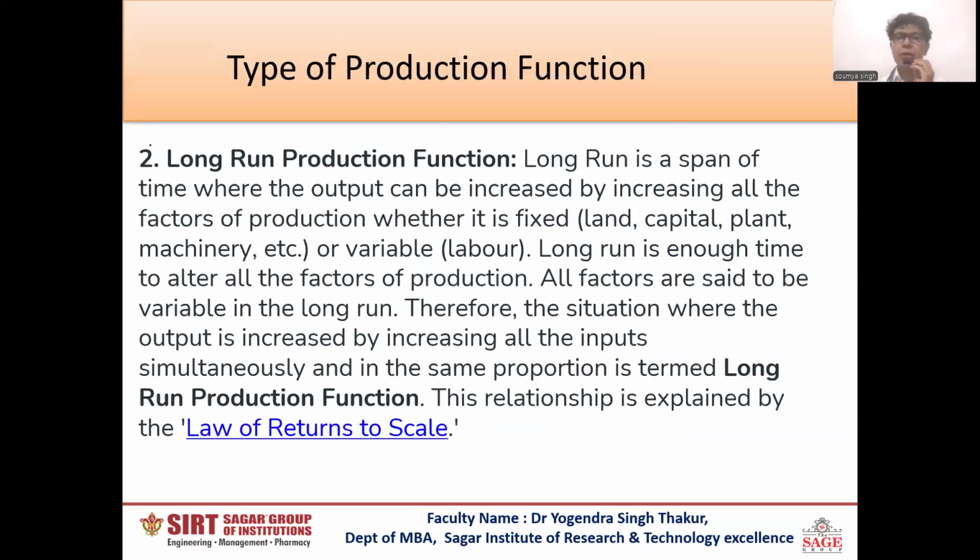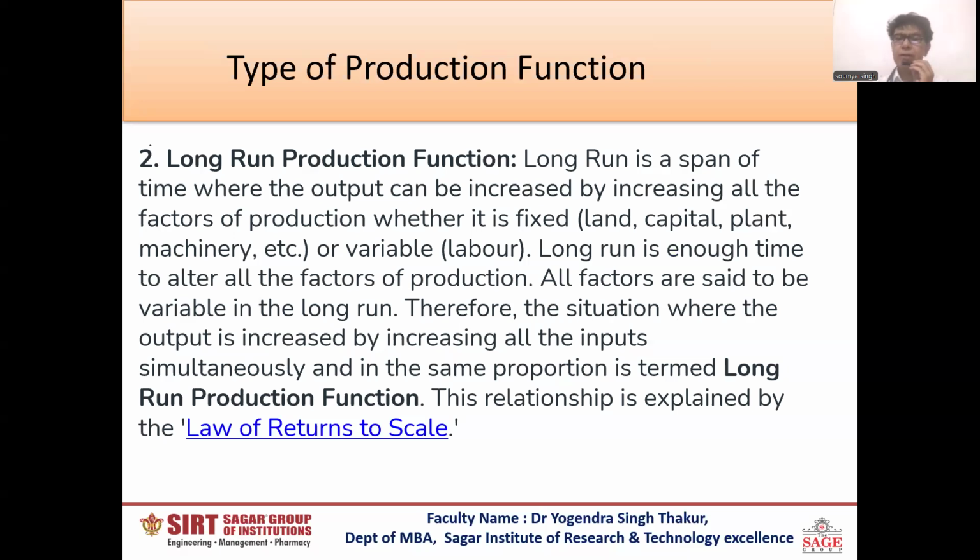Second, the long run production function. Long run is a span of time where output can be increased by increasing all the factors of production, whether fixed, like land, capital, plant, machinery, etc., or variable. Long run is enough time to alter all the factors of production.